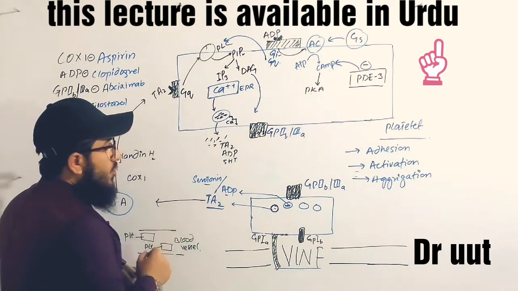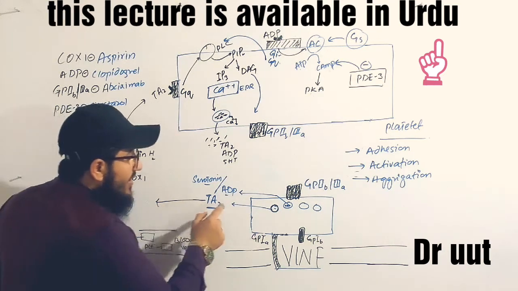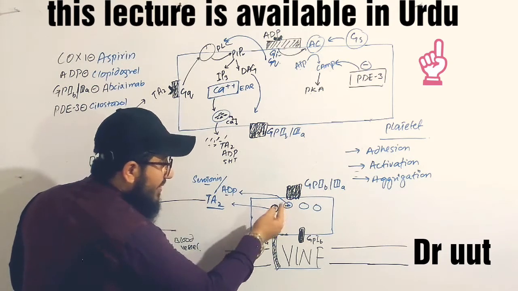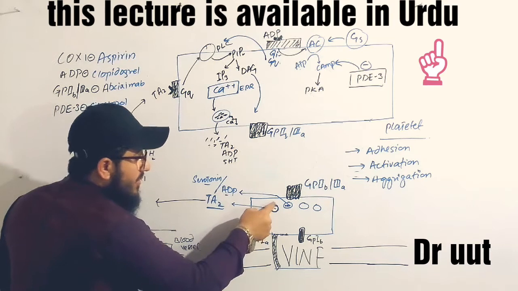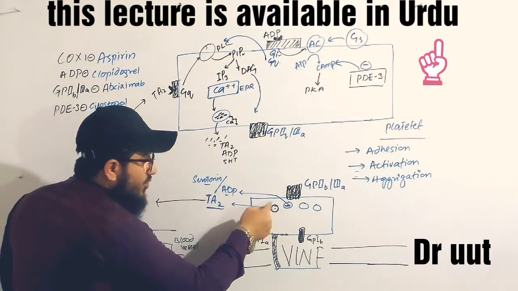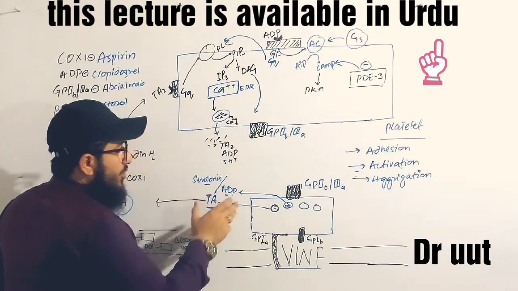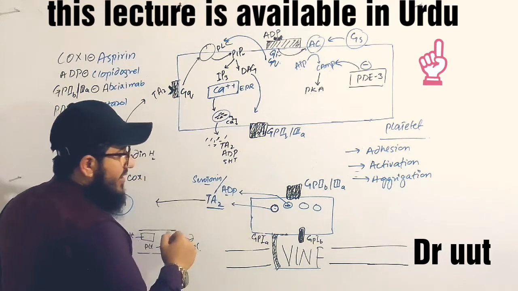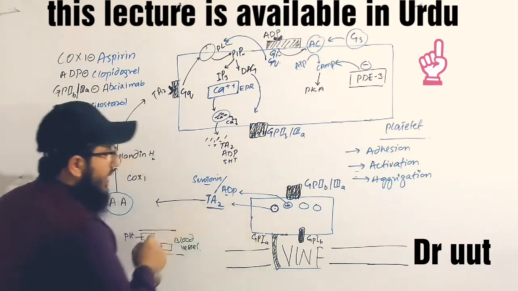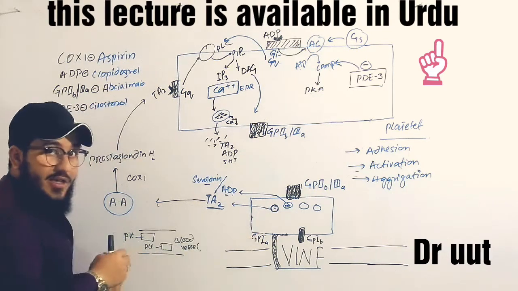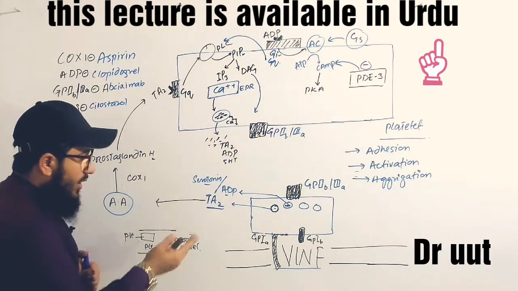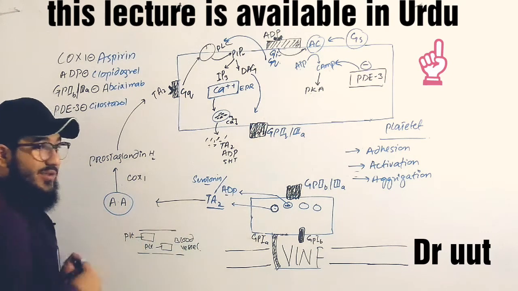Thromboxane A2 is actually not from the granules which are present in the vesicle. Thromboxane A2 is formed from the membrane which encloses these granules and other aggregating factors. This membrane is made up of phospholipid. When this phospholipid membrane is decomposed or broken, it will release arachidonic acid.